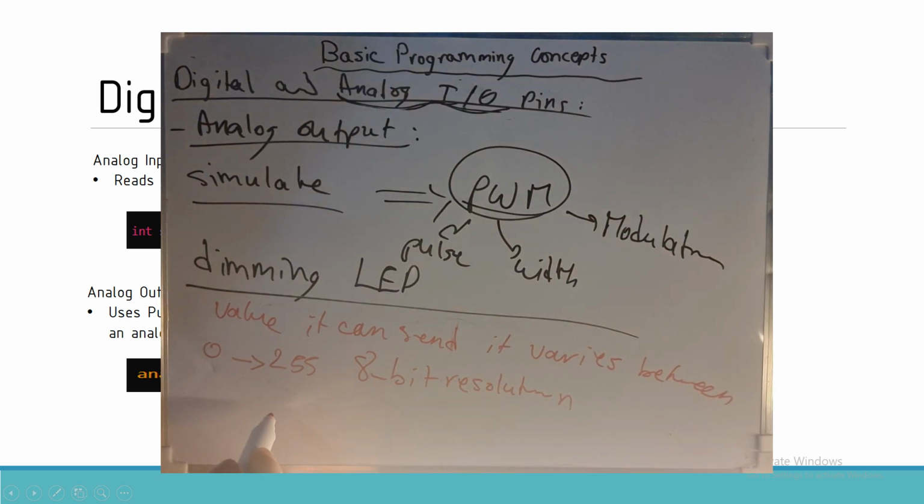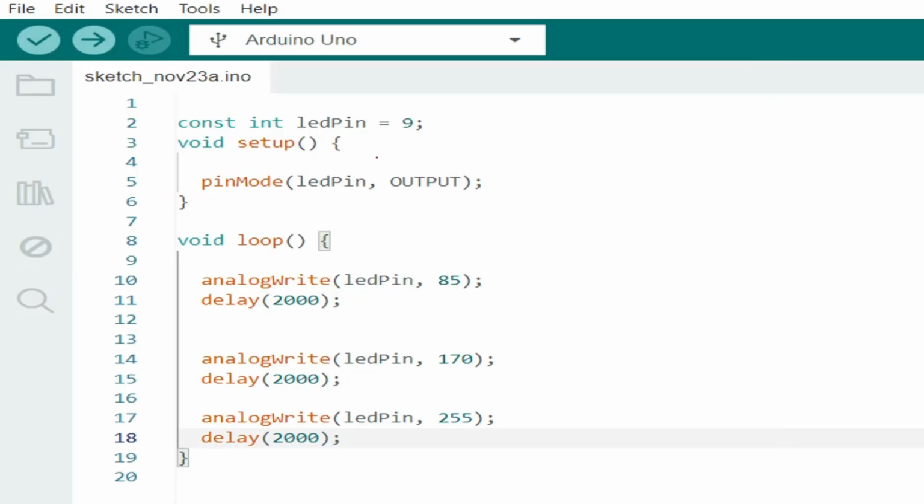That means 2 to the power 8 equals 256, minus 1 equals 255. The maximum value it can simulate for a 5-volt signal is 255.